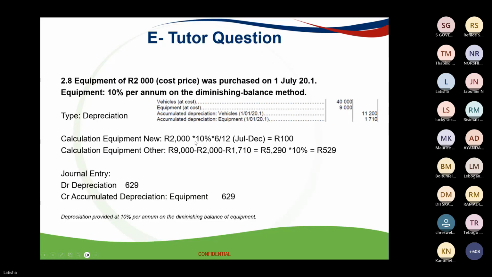And then multiply it by 10%. That is the percentage for the equipment for the depreciation policy. And because we've only had this equipment for 6 months, our year end is 31st of December, we bought it on the 1st of July, you calculate depreciation for 6 months.